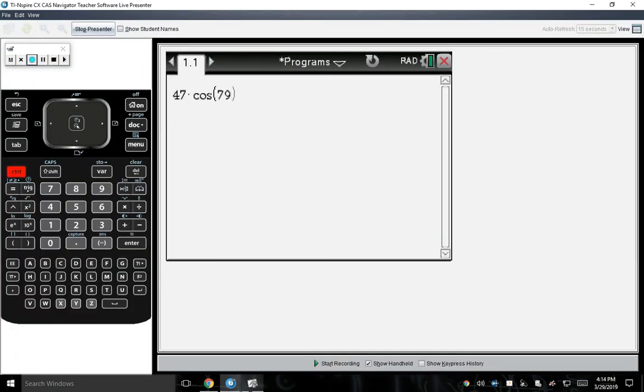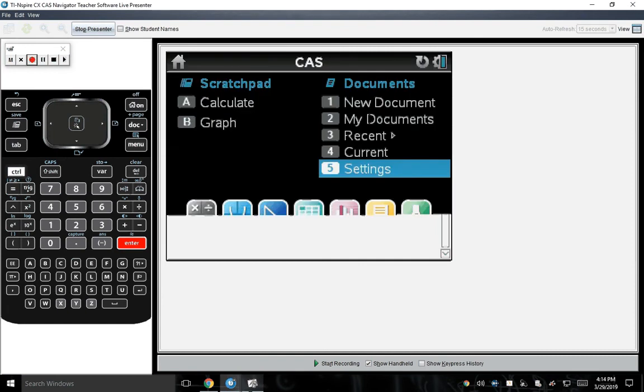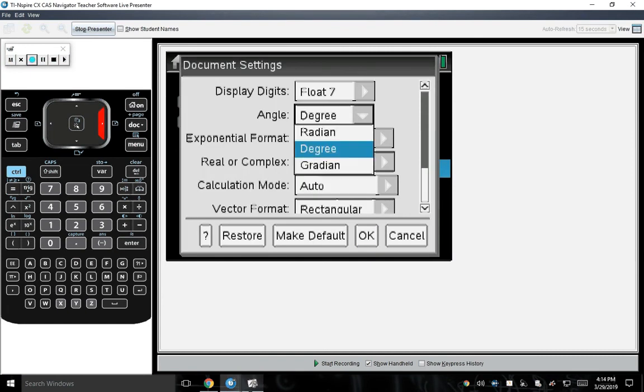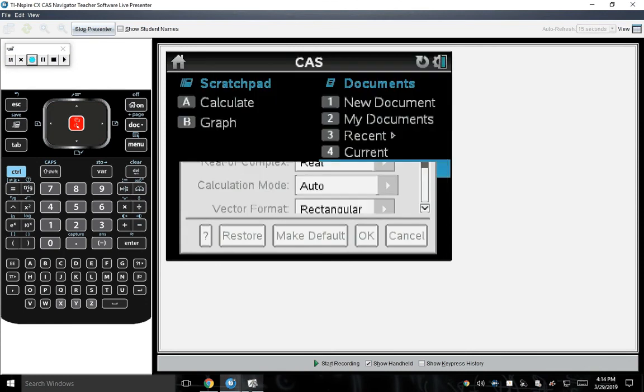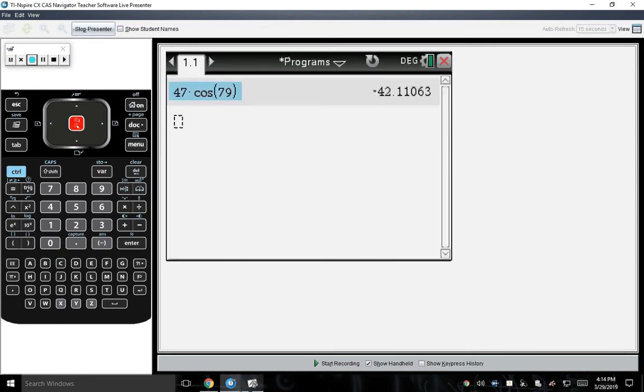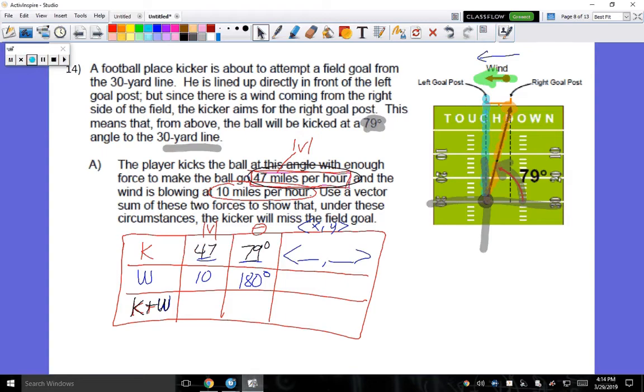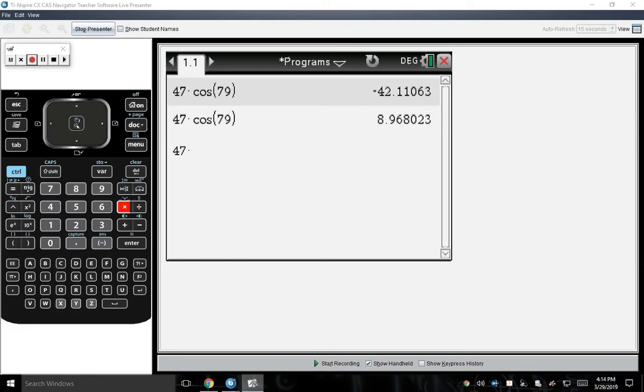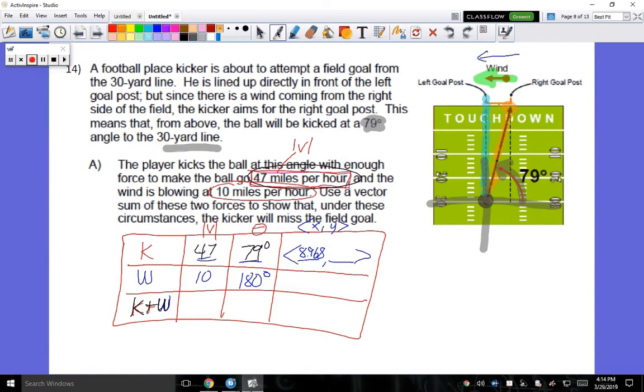I have to change this to degree mode. Okay, we get 8.968. And then 47 times the sine of 79 degrees gives us 46.136.